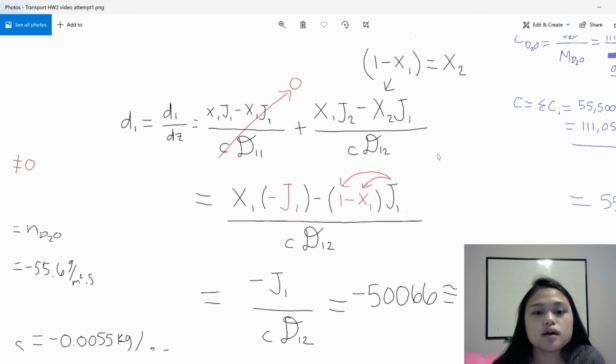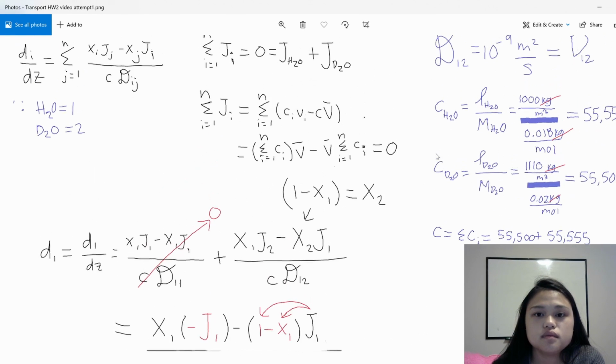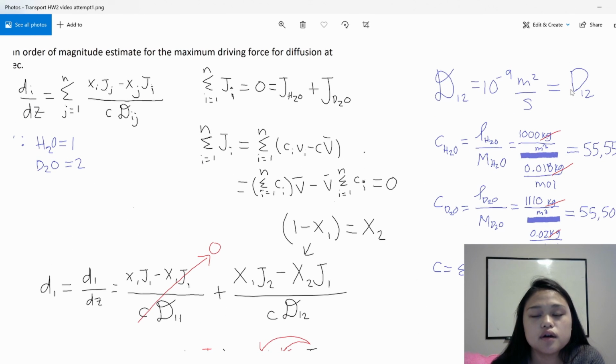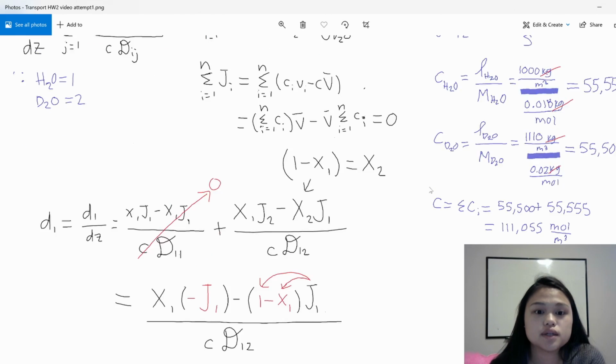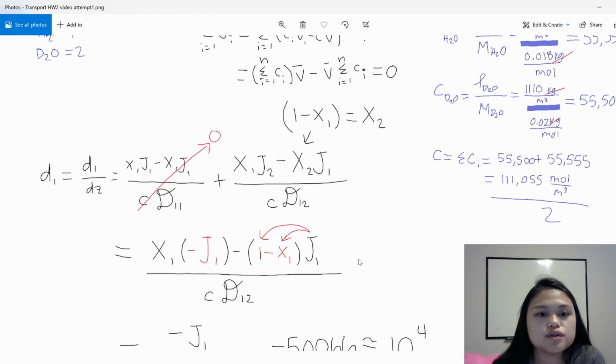But we're going to plug in the value we defined up here, the diffusion coefficient, which we assume is 10 to the negative 9 meters squared per second, because they are both liquids, and that's a good estimate to use.